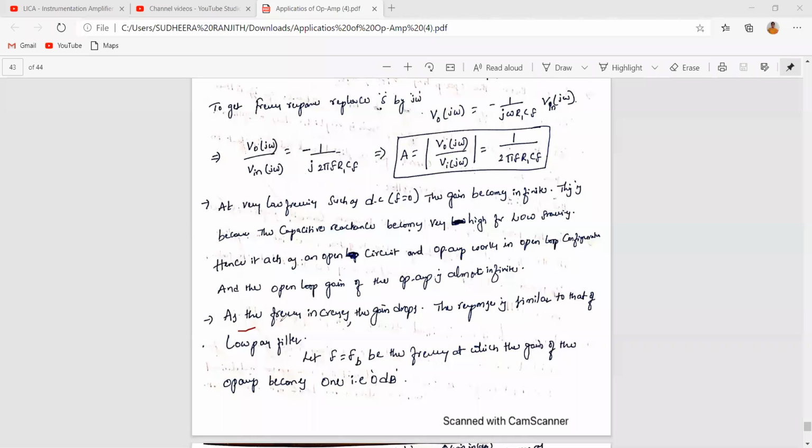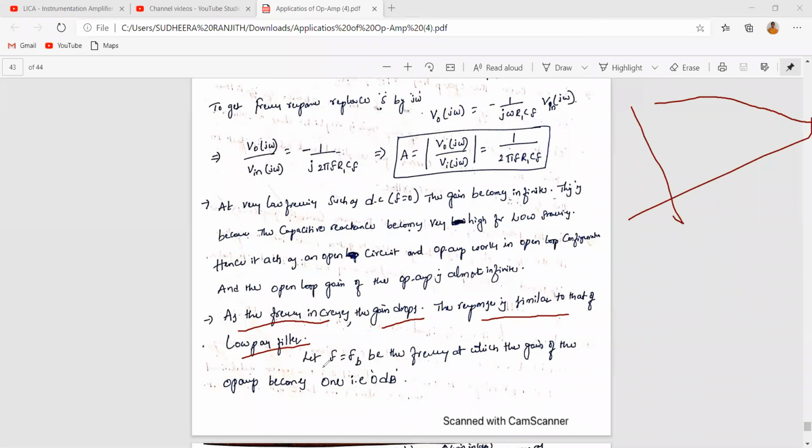See, as the frequency increases, the gain drops and the response is similar to that of a low pass filter. As the frequency increases, how does the frequency response look? The gain is dropping.